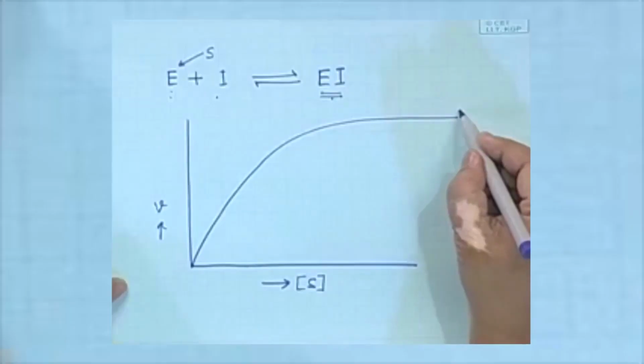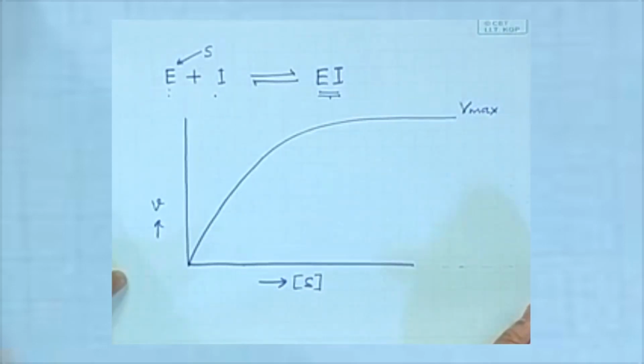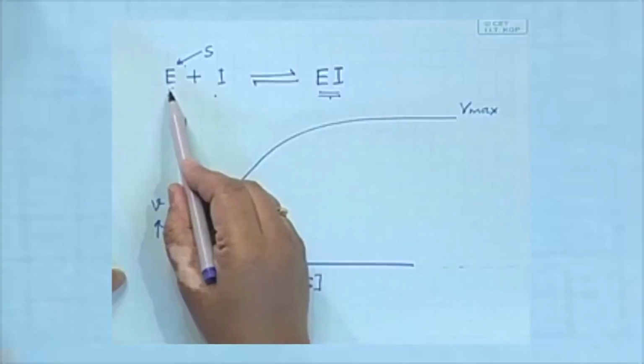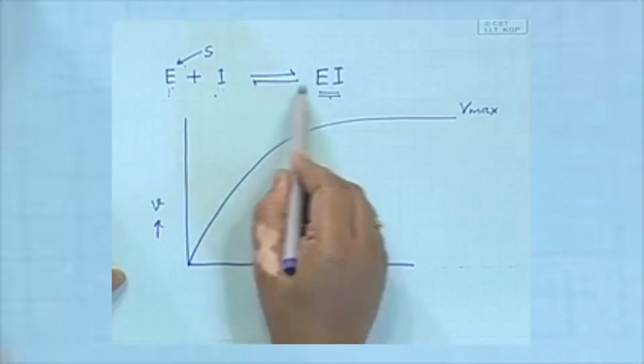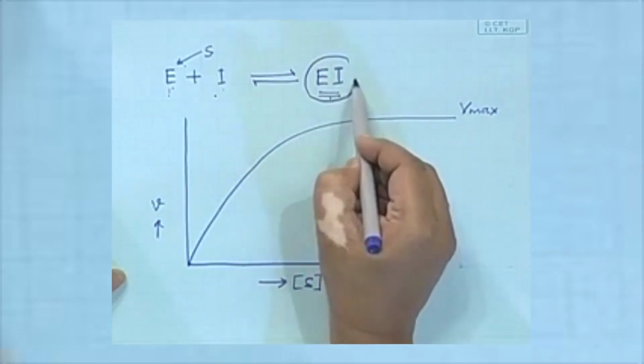So this is my Vmax. If I increase the substrate concentration to a large enough value, my enzyme substrate complex can then form. Why? Because my enzyme inhibitor complex has an equilibrium.